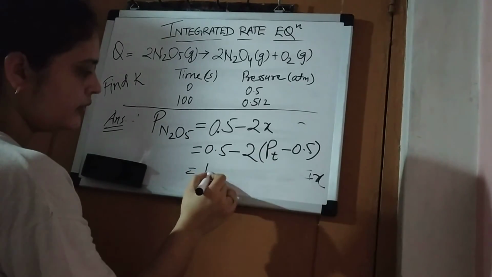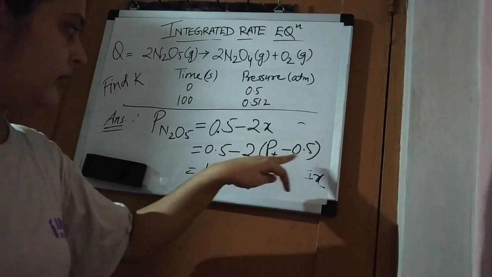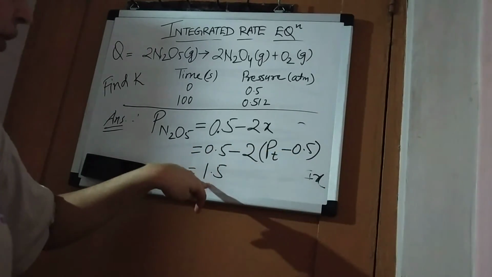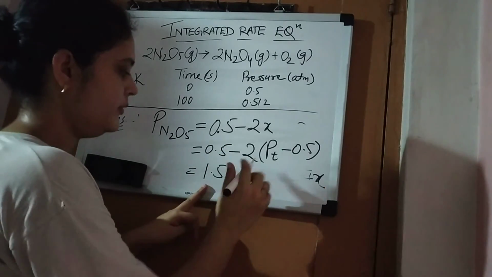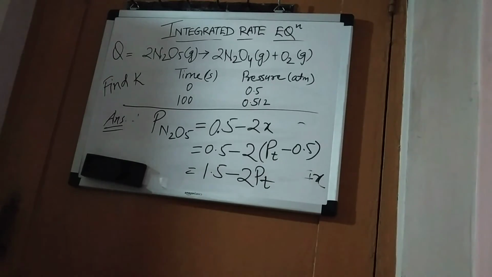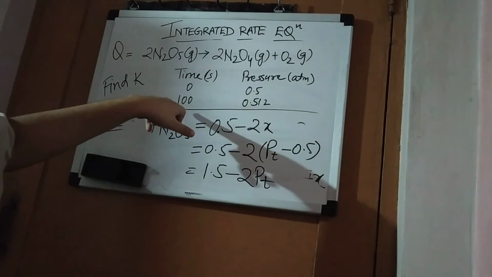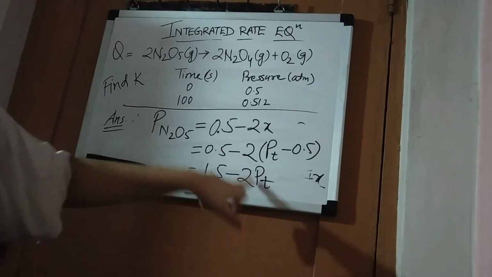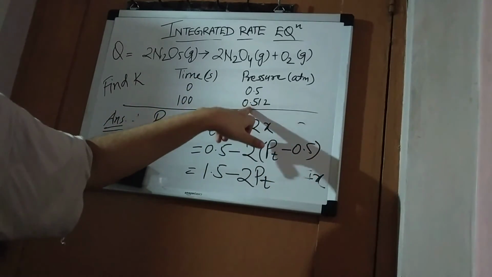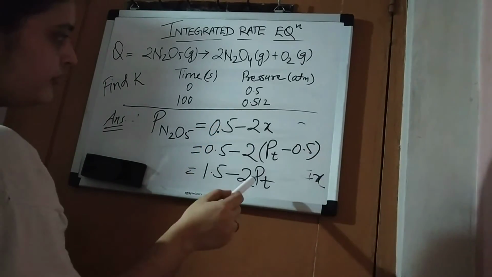So after calculating this, what will we get? This will be 1.5, and this will be minus 2PT, right? Now the total pressure for 100 seconds is given as 0.512, right? So we will put 0.512 here.